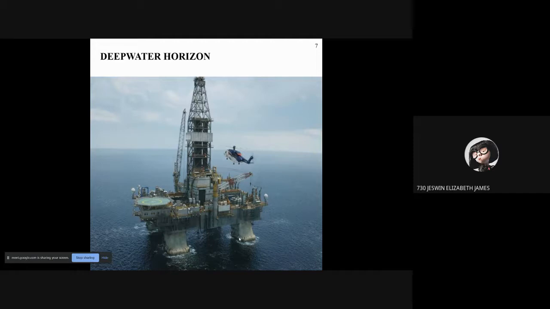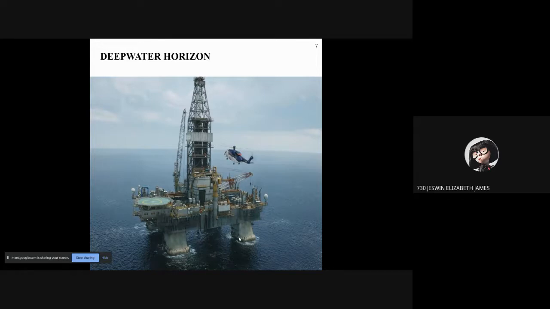So what happens is that a particular company builds an oil rig, which is the platform, and they lease this platform to another company, so that company can come and drill the oil well, and thus extract the oil which is found in the deeper layers.